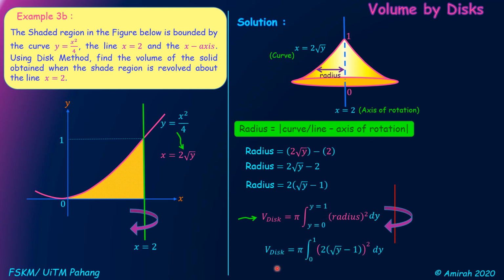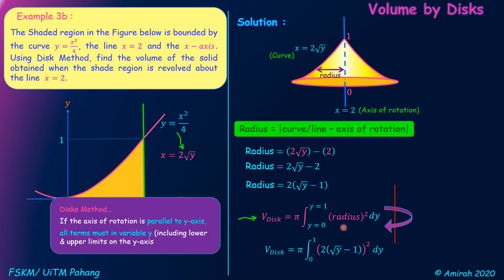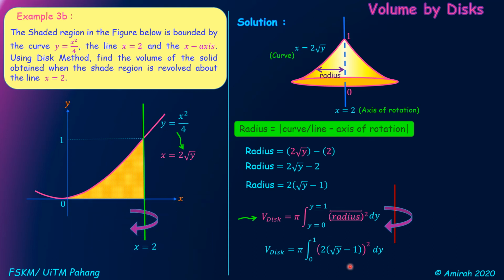Then we have volume by disc equals pi, and then integrate from 0 to 1, and we replace our radius, which equals 2 root y minus 1, here. So this is after we set up the volume by disc.